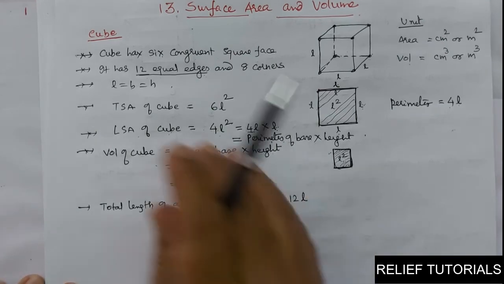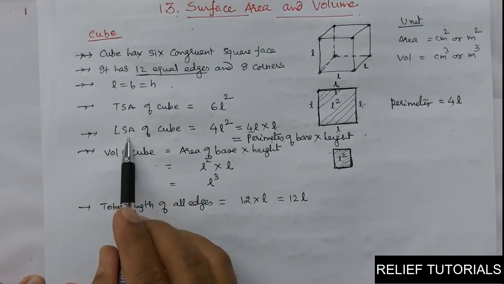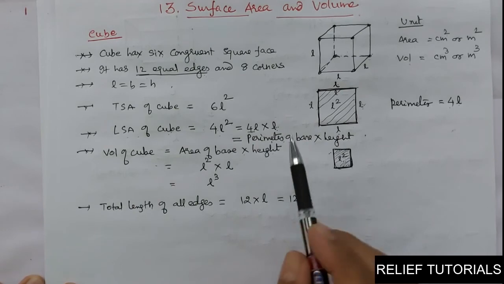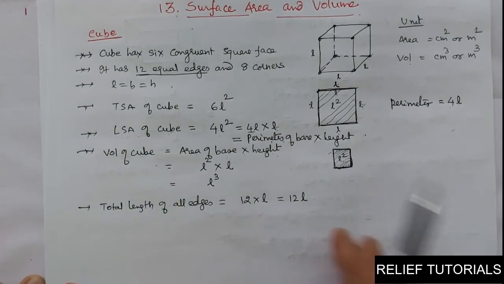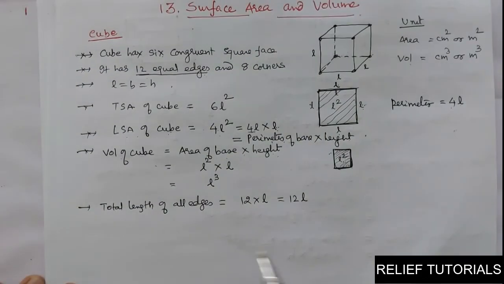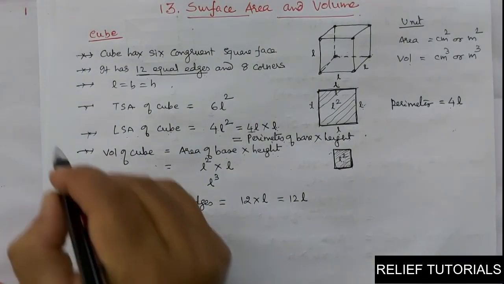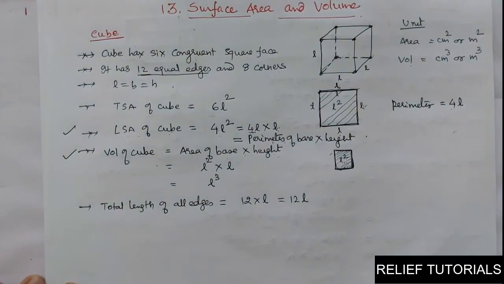So in both cases, cube and cuboid, lateral surface area means perimeter of base into height, and volume means area of base into height. So it will be very easy for you to remember two formulas, lateral surface area and volume. Have you got it, friends? Lateral surface area of a cube or cuboid is perimeter of base into height.